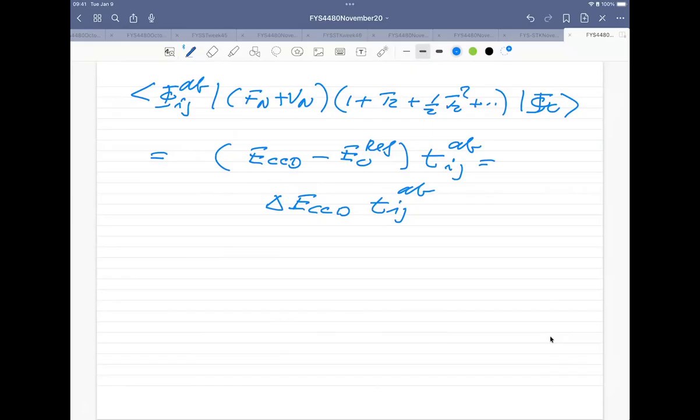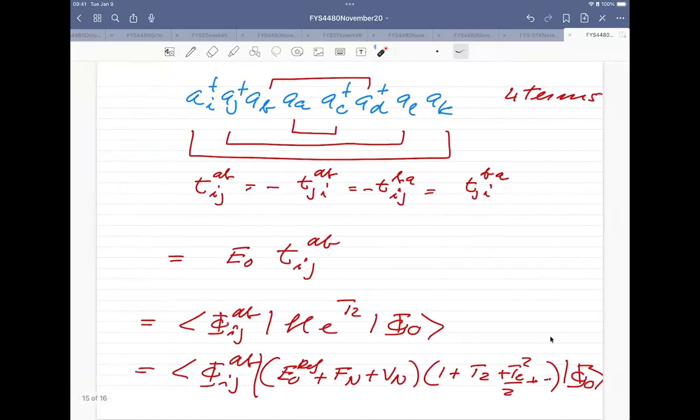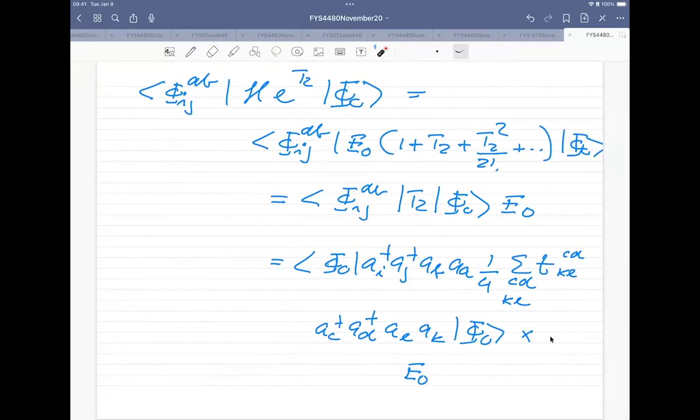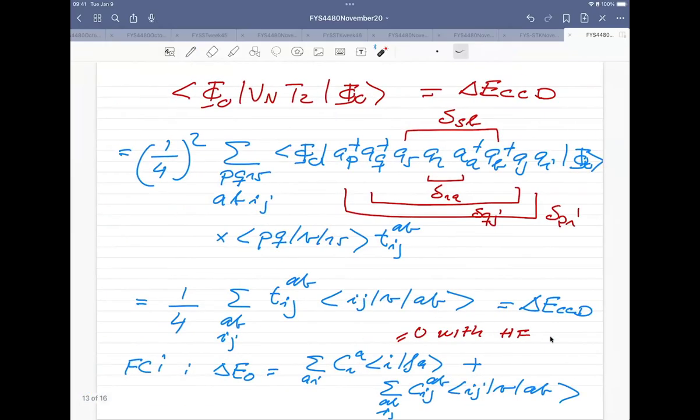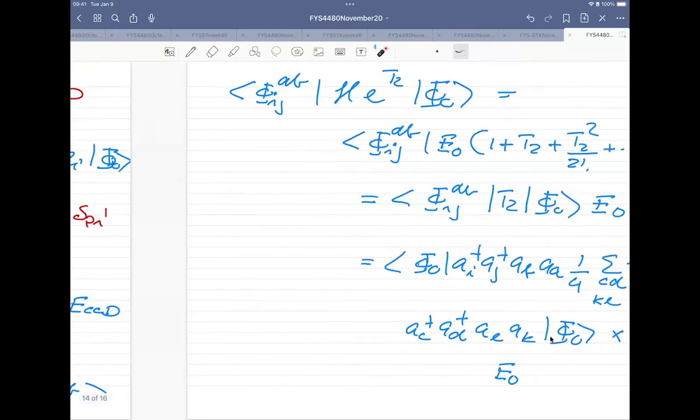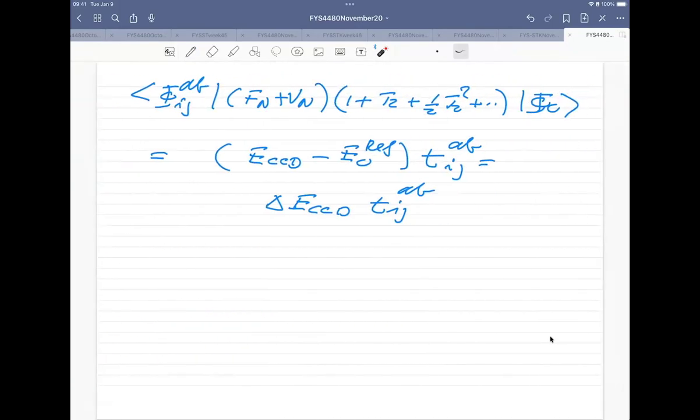Okay, so let's breathe a little bit here. Now, the terms which you see here, this term here is something we already calculated. So if we look back here, this term is now given in terms of the amplitudes. So you see now the nonlinearity, because this one is now given by 1 divided by 4.